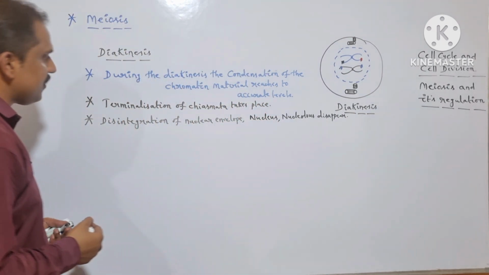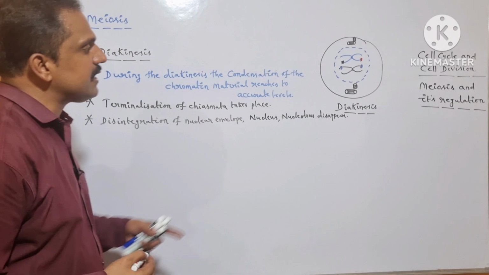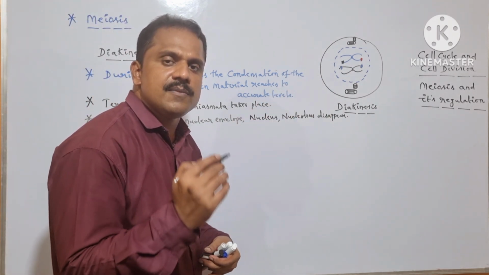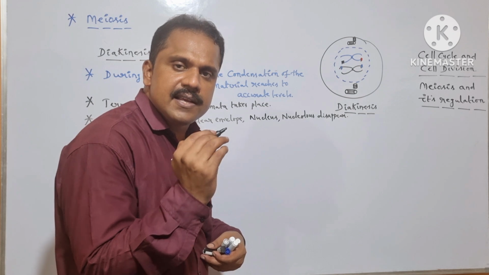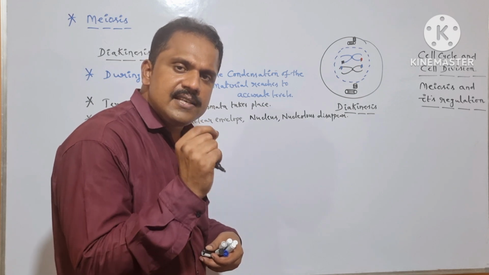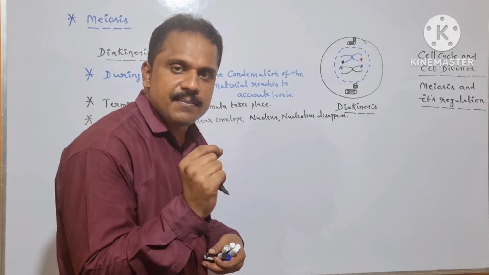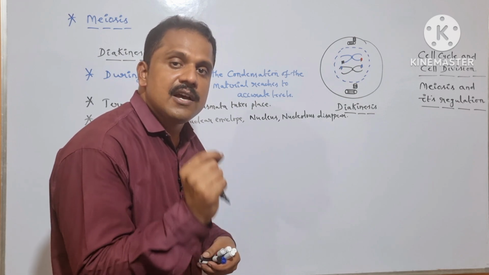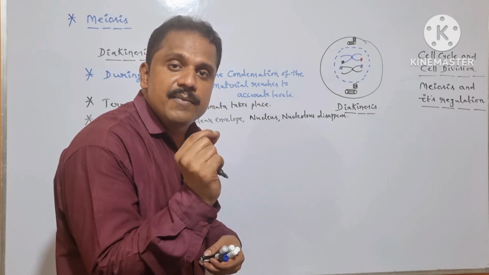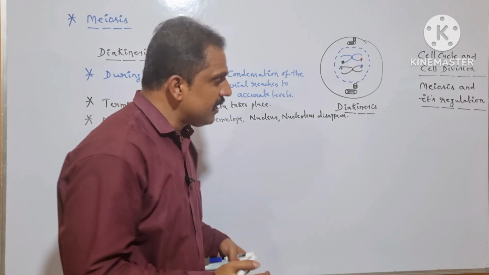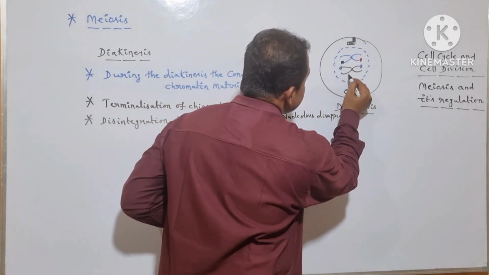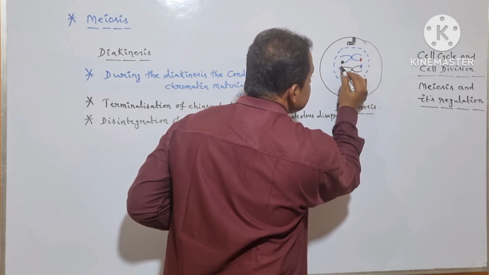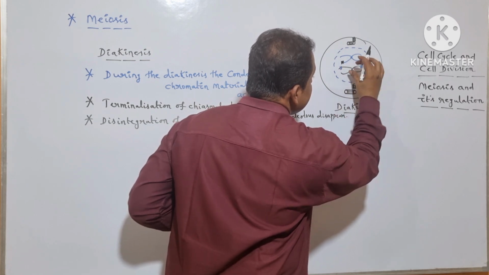And in addition, during diakinesis, the homologous chromosomes which have participated in the crossing over are now ready to separate. In order to regulate the separation of homologous chromosomes, the organization of the meiotic spindle takes place. Is it clear? The homologous chromosomes initially participate in the crossing over, and now they are ready to separate.